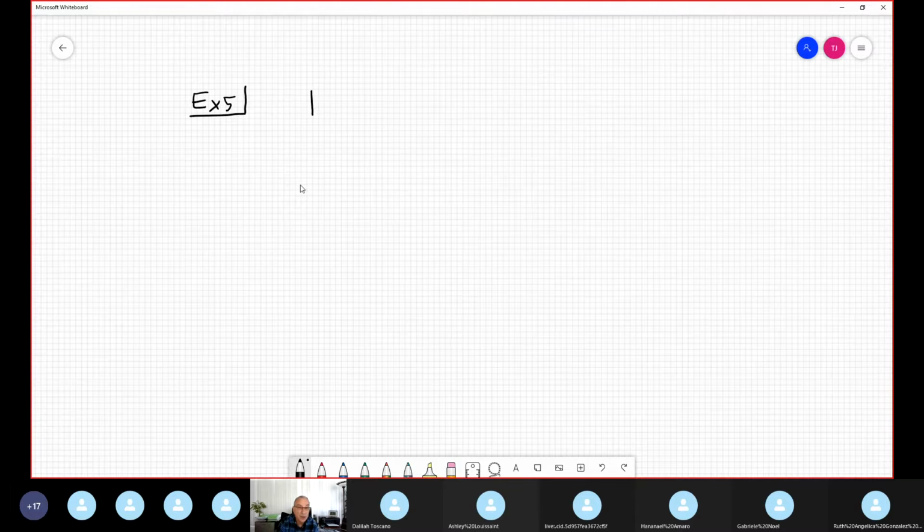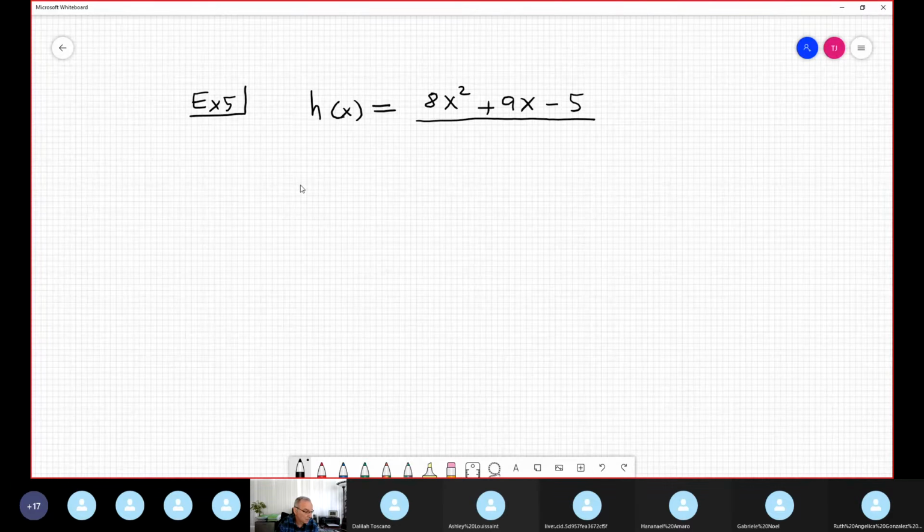Suppose the function h of x is equal to 8x squared plus 9x minus 5 divided by 2x squared plus 1.